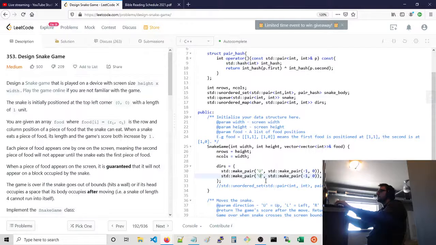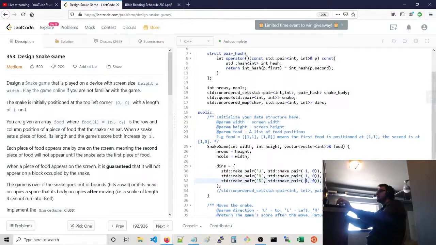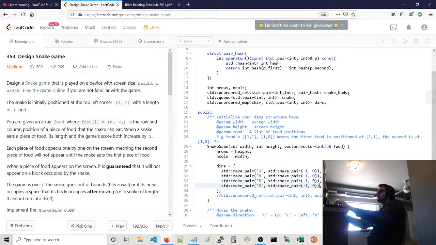So up, we have right, down, we have right. We'll do it this way. So we'll say up, right, down, and left are going to be mapped to up.